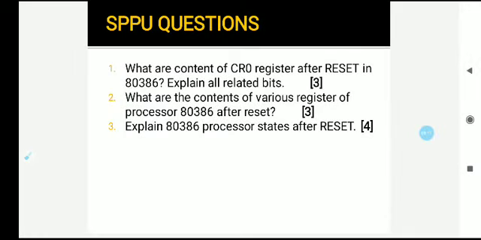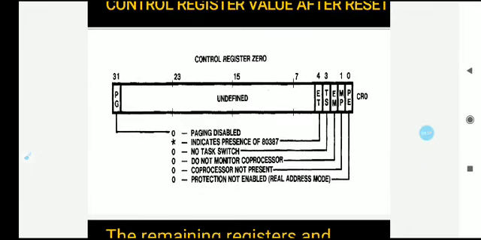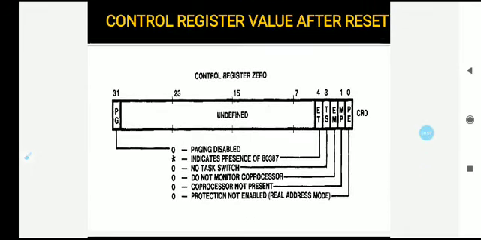Then next, university questions on the above topic. The first question is, what are the contents of the CR0 register after reset in 80386? Explain all related bits. So you have to draw this diagram. These are the contents for the CR0.